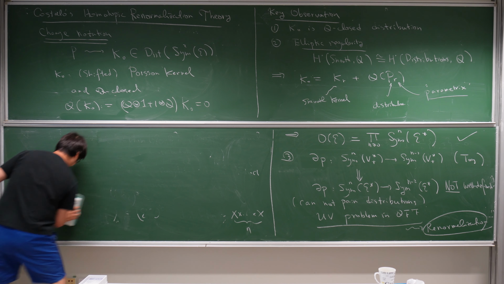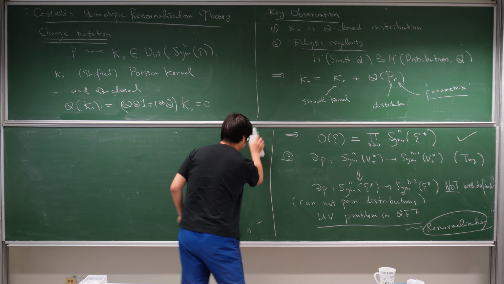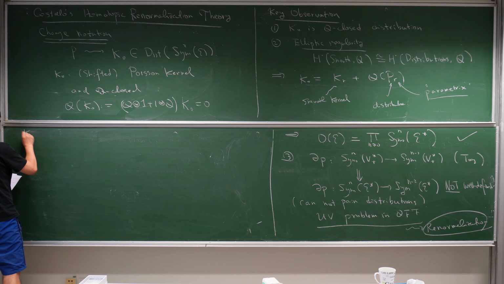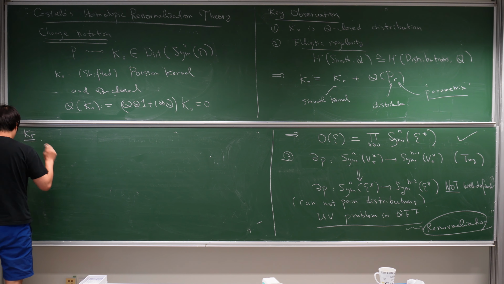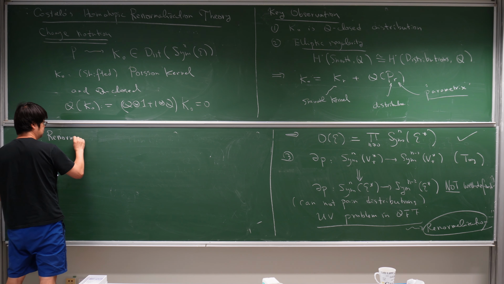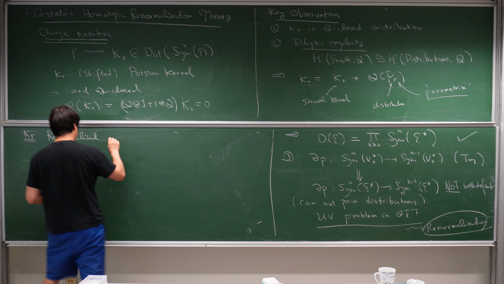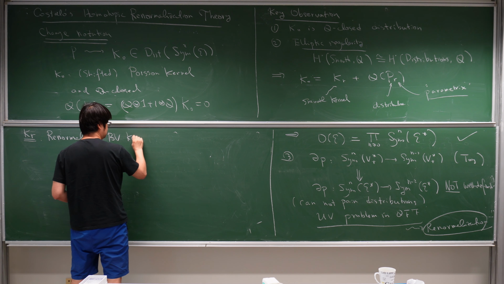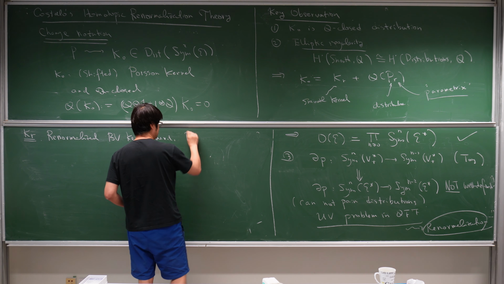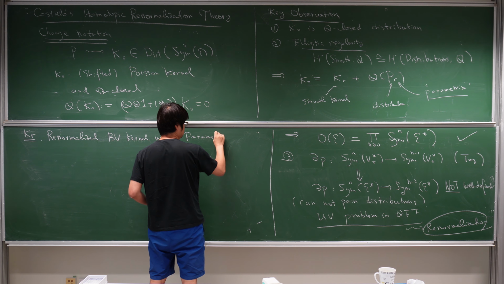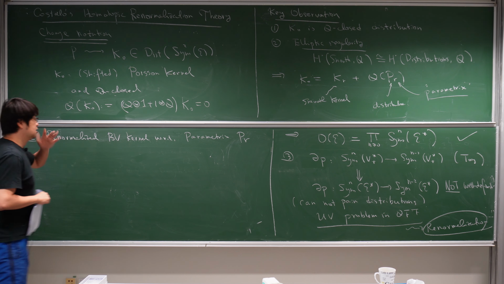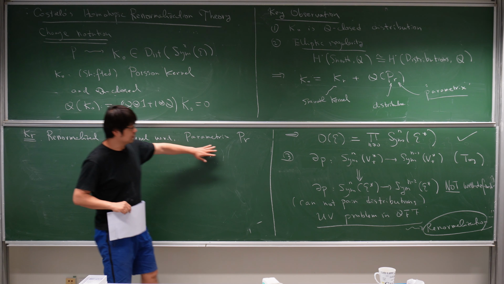Let's put a name: let's call this one KR. It's called the renormalized BV kernel with respect to the parametrix PR. Suppose we just choose one parametrix.